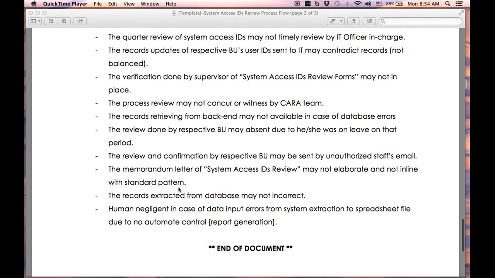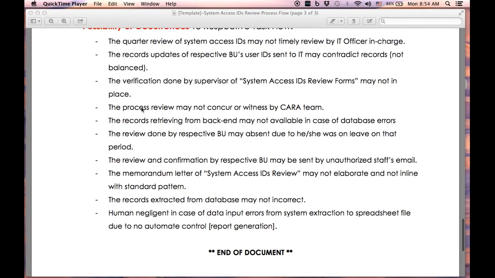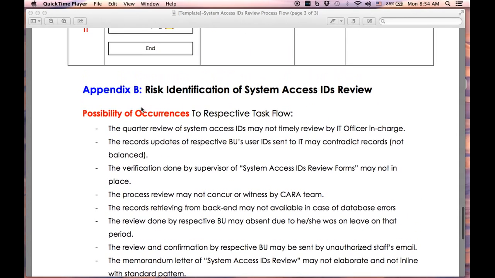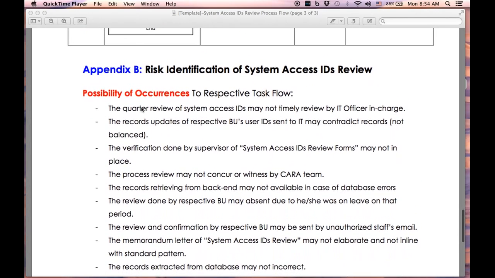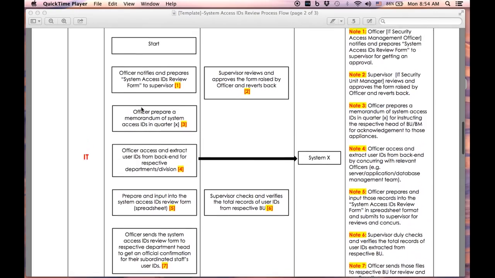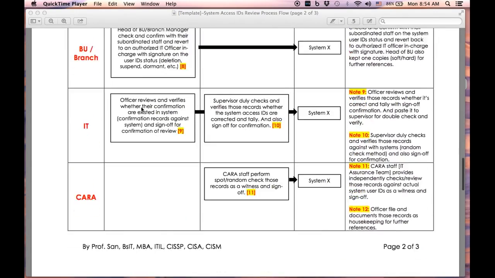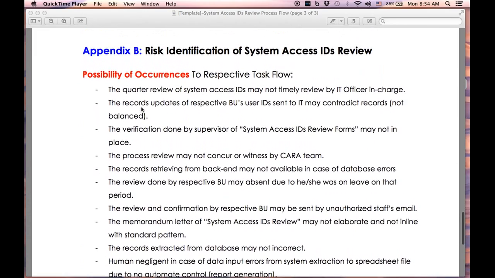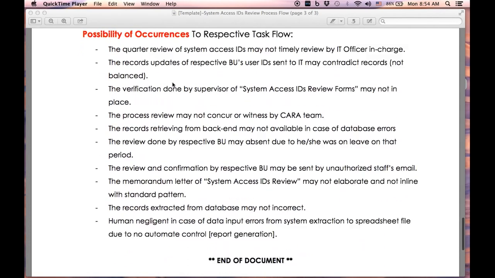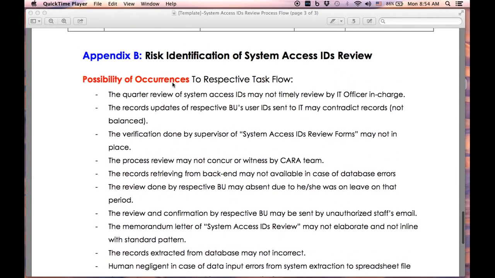This is the process that we map from the system access ID review. The first is process mapping. We map it into the table, and in the second part we raise what things can go wrong. It means the likelihood of the risk. We call it the possibility of occurrence.